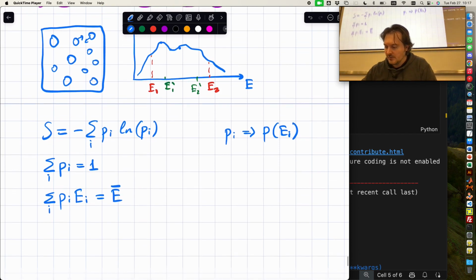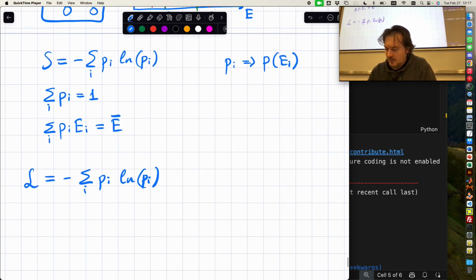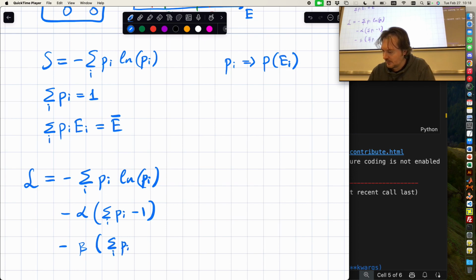Yes. Now our Lagrangian looks like this. We have our function, minus the sum of Pi ln Pi, minus alpha times the sum of Pi minus 1, and minus beta times the sum of Pi Ei minus average energy.